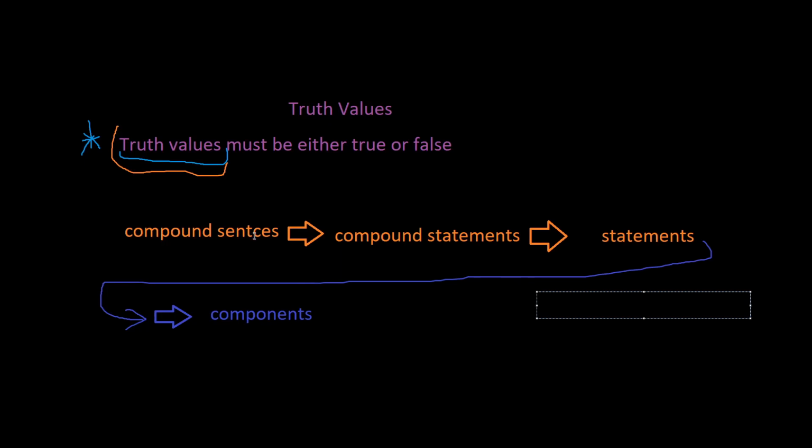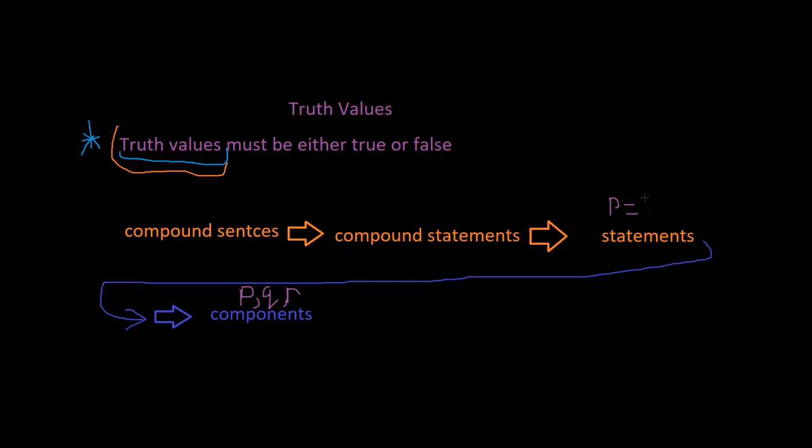And so we're given components, so I'm going to describe this just in case you're confused. Let's say we're given components P, Q, and R, right? We could make statements out of these. We could define them, our components. We could give them names, right?